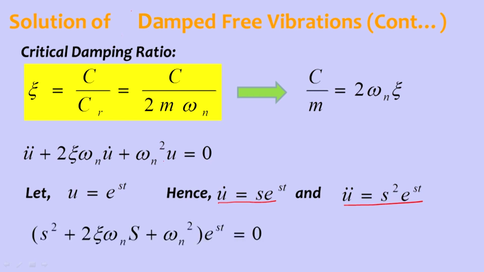When we substitute that and rearrange the terms, we get this equation, which reads as (s square plus 2 zeta omega n s plus omega n square) multiplied by e to the power of st is equal to 0. We can observe two things in this equation: one is the bracket term and the other is the e to the power of st term.